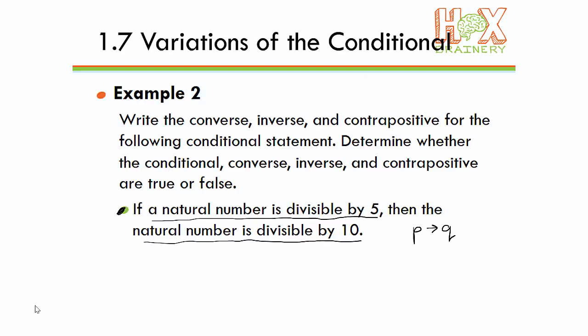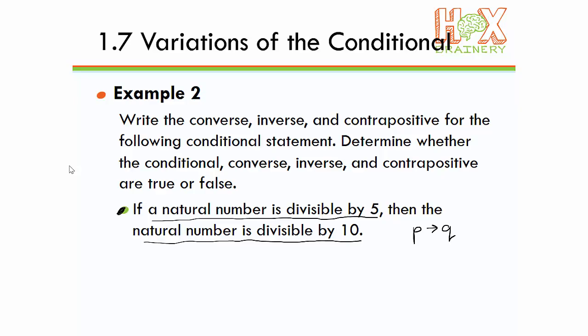All right, so now we're going to go through each of these 4 statements and figure out if they're true or false. So we're not doing formal proofs yet. We'll get into proofs in later chapters. So right now, we're just going to talk these out and use what we already know about divisibility to figure out if these statements are true or false. So this first one, if a natural number is divisible by 5, then that natural number is divisible by 10.